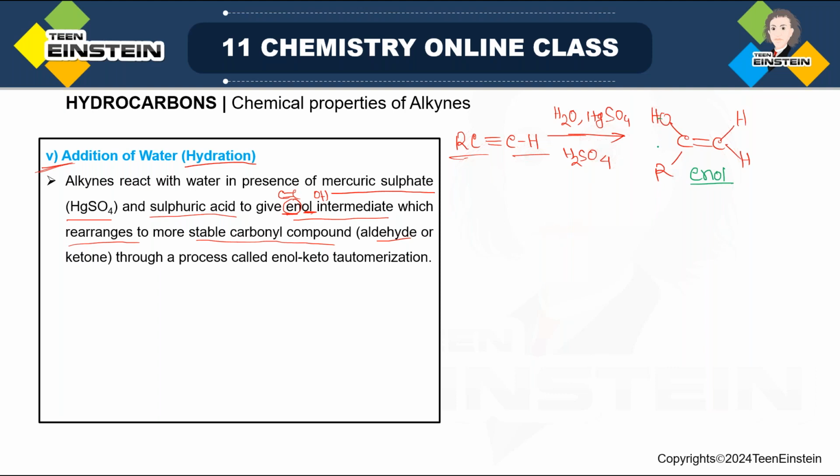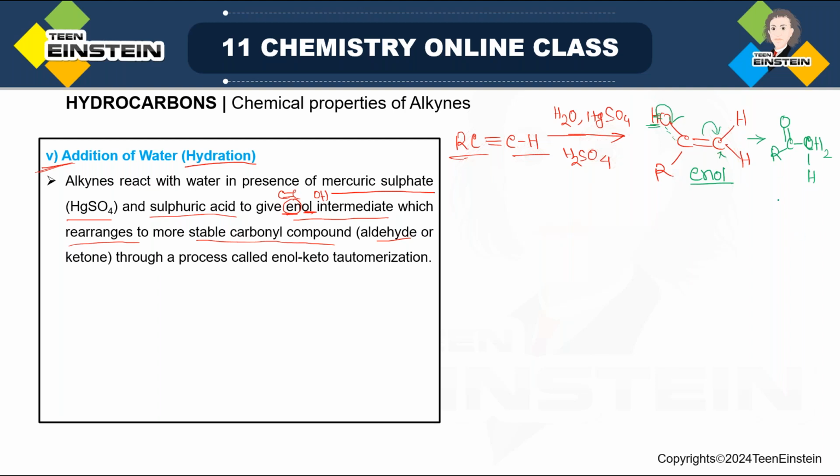Tautomerization means the conversion from the enol form to the keto form. If this OH bond is broken, there will be formation of a C=O double bond here, and negative charge will be over carbon. Ultimately this hydrogen will move to this position, and we get RC double bond O, CH2; CH2 is already there, and one more hydrogen will be added.